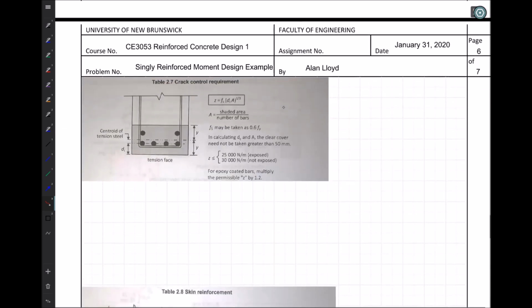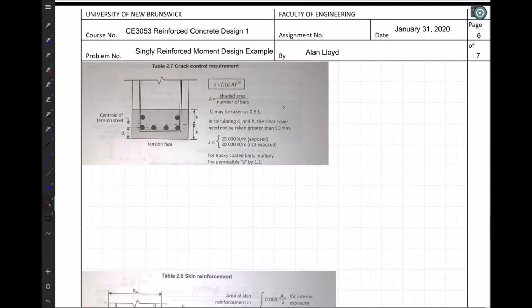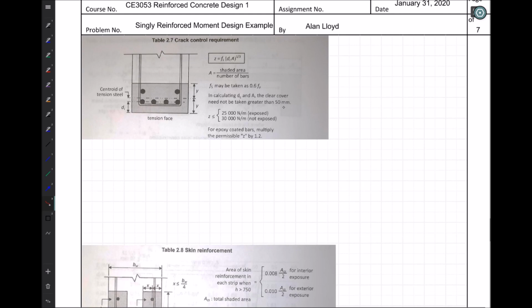Now we need to also ensure a couple of things. Hopefully this stuff, though, is just a check, not requiring us to do a redesign. We're going to make sure that we pass our crack control requirements in table 2.7 and our skin reinforcement requirements in table 2.8.